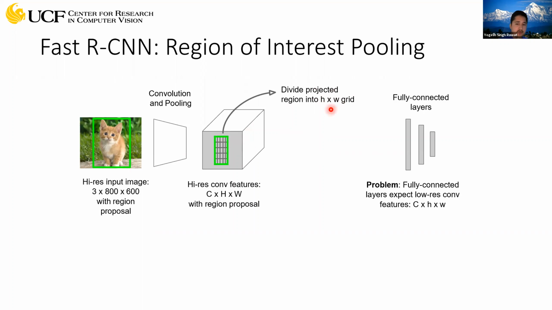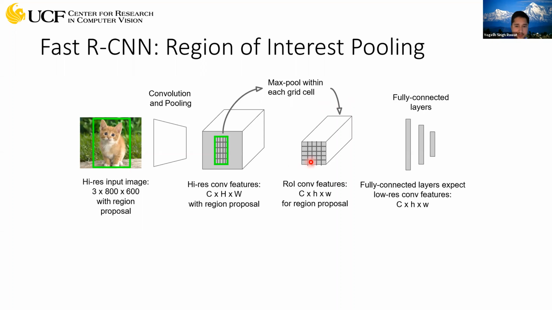So this is the output resolution we want for all the proposals from this feature map. So the shape of this image is 3 cross 800 cross 600, right? And the feature map has a shape of C for channels, then height and width. So in this particular proposal, you create these many grids.